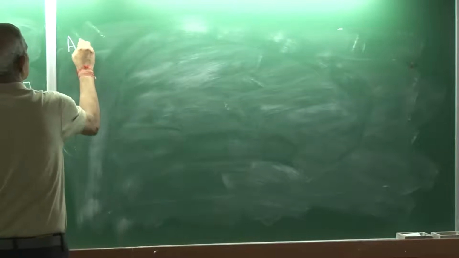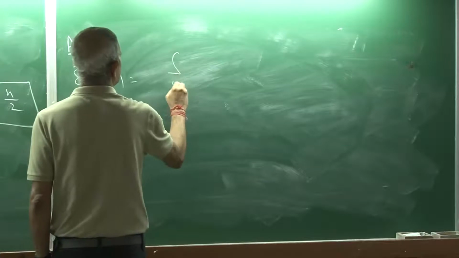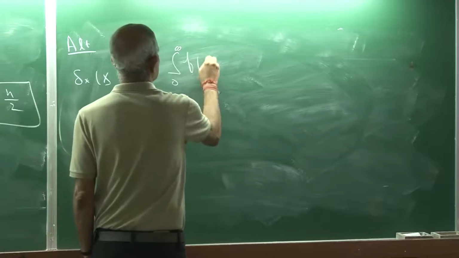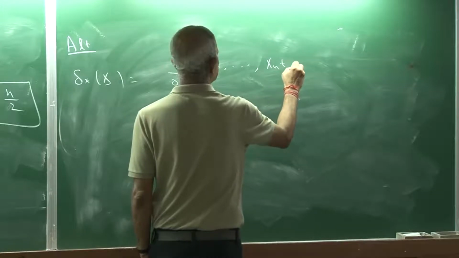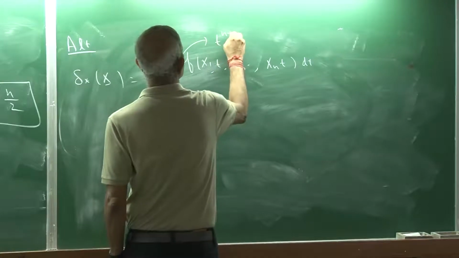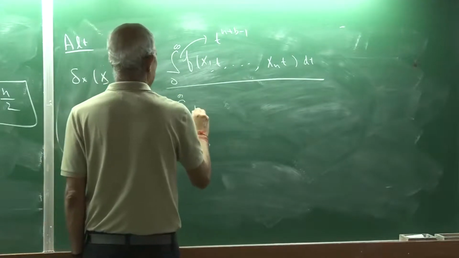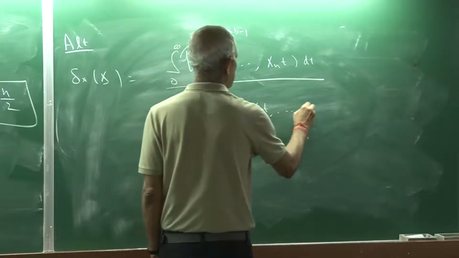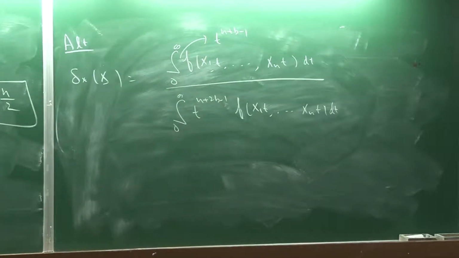So alternatively, delta star x is nothing but integral 0 to infinity of t to the power n plus b minus 1 f of x1 t, ..., xn t dt, divided by integral 0 to infinity of t to the power n plus twice b minus 1 f of x1 t, ..., xn t dt. This is the ready-made formula which we derived.